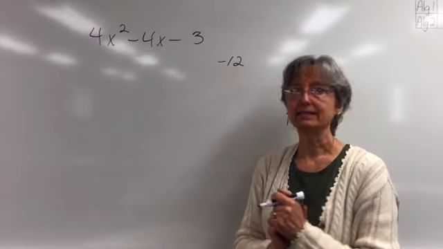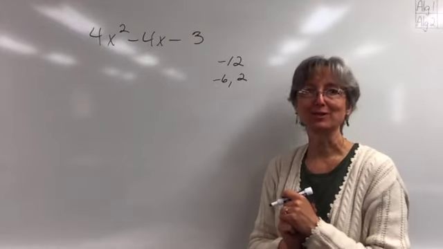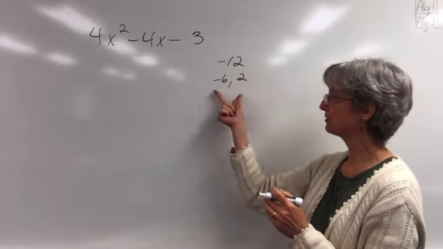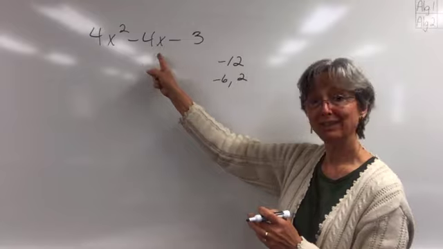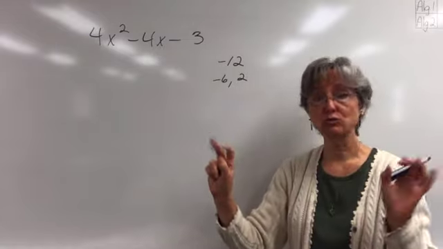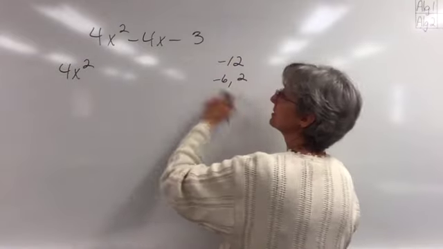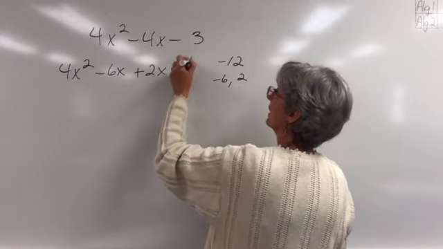And I think that's negative 6 and positive 2, right? Do you see how that works? Negative 6 and positive 2 multiply to be negative 12 and add up to be negative 4. So I'm going to split this b into two terms and rewrite this: 4x squared minus 6x plus 2x and then minus 3.